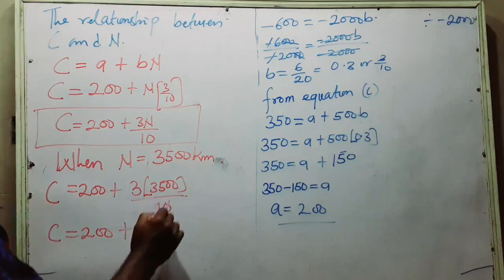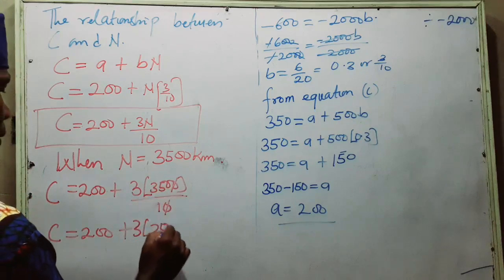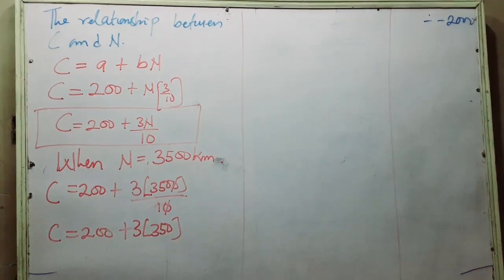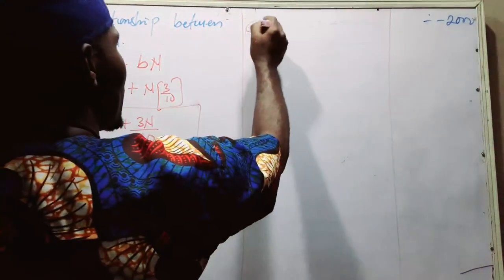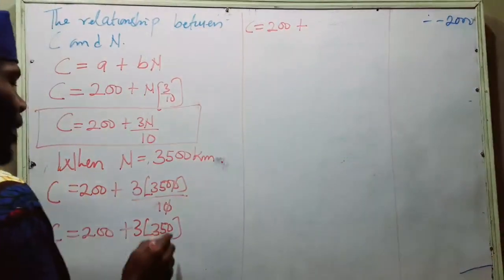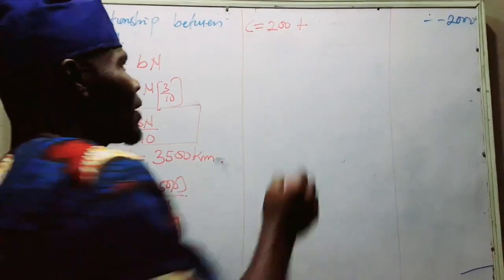Let's write it again: C is equal to 200 plus, so 3 times 350 will give us 1,050.